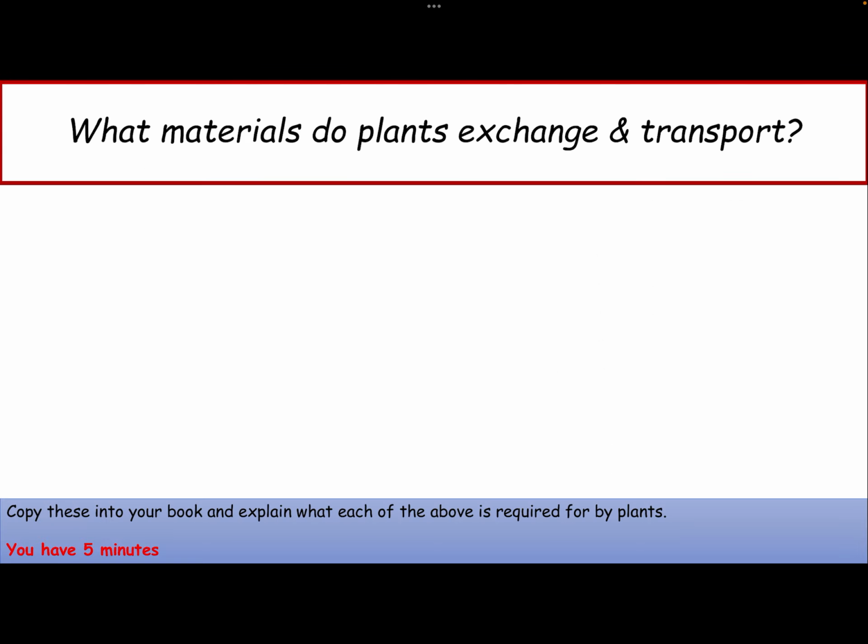What materials do plants exchange and transport? You could pause the video at this point and have a think and maybe jot down some ideas. Okay, here goes. Plants exchange and transport these different substances. Carbon dioxide needs to be transported through the stomata to the palisade mesophyll.